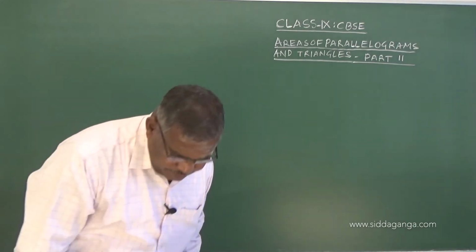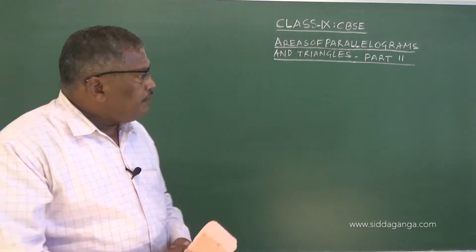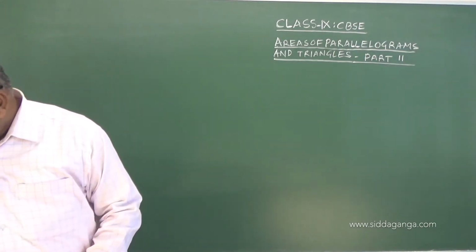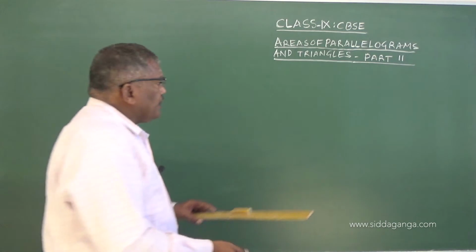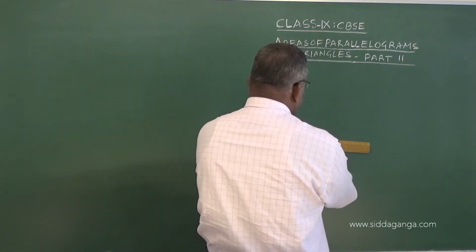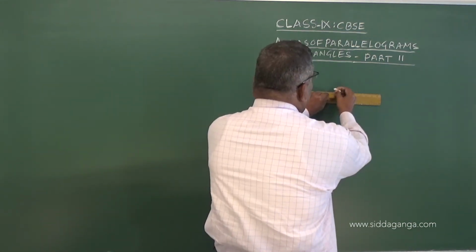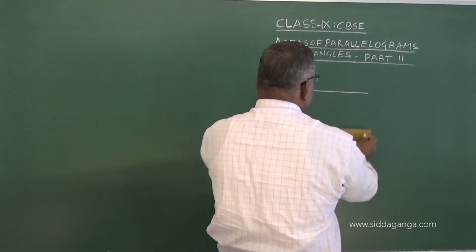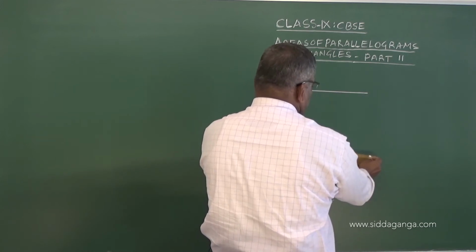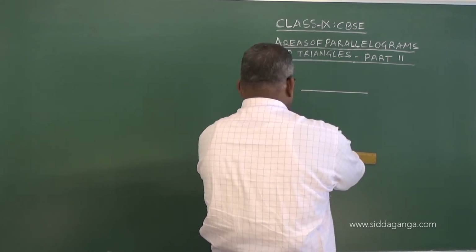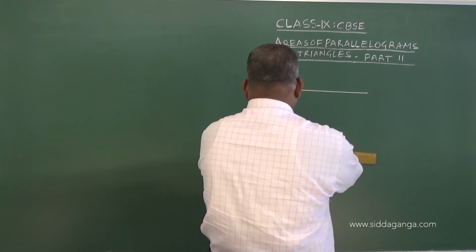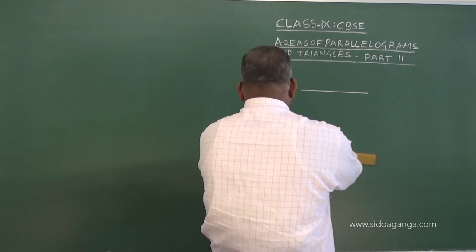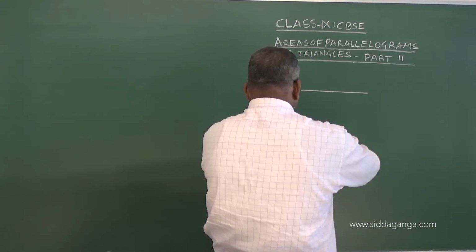So here a trapezium is given. So let us draw a trapezium figure. You know that in a trapezium, one pair of opposite sides will be parallel.